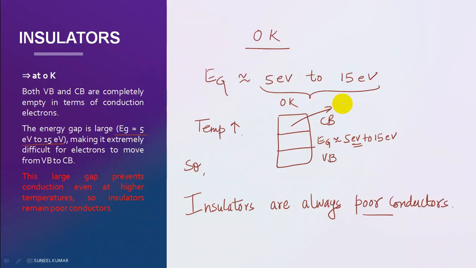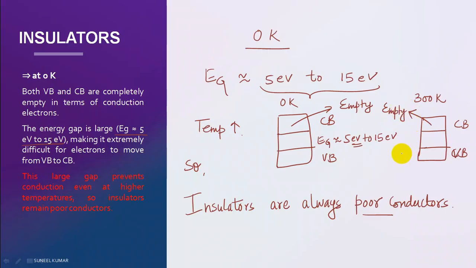So this is empty. Even at 300 Kelvin, this is the valence band and this one is the conduction band, and it is always empty, because no electron can move from the valence band to the conduction band.